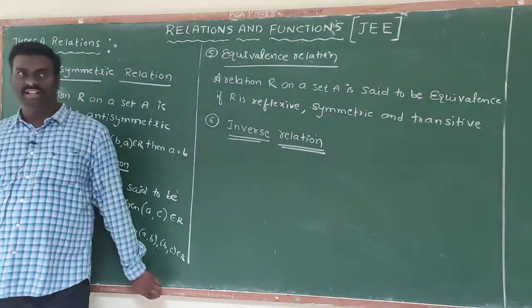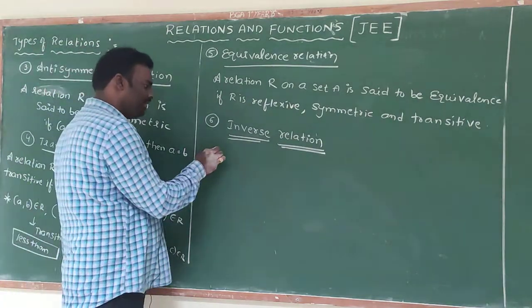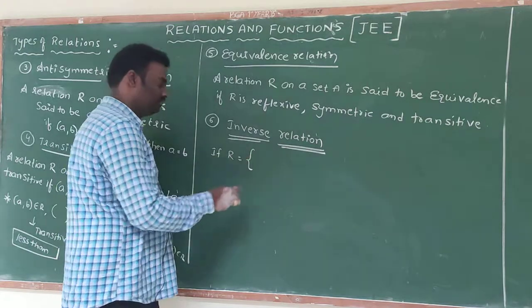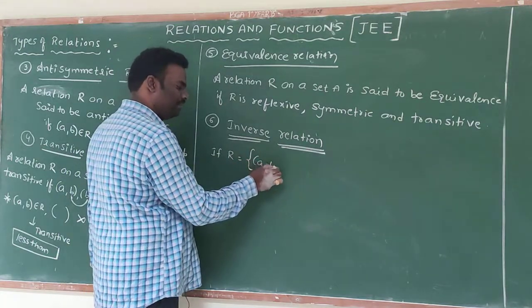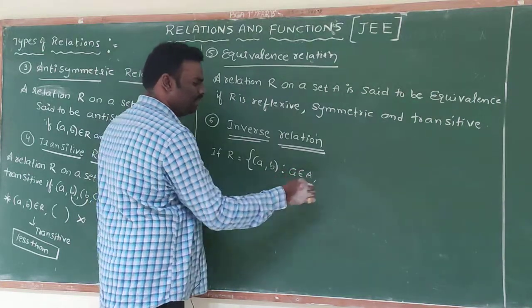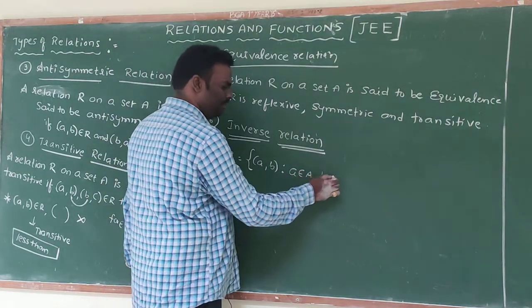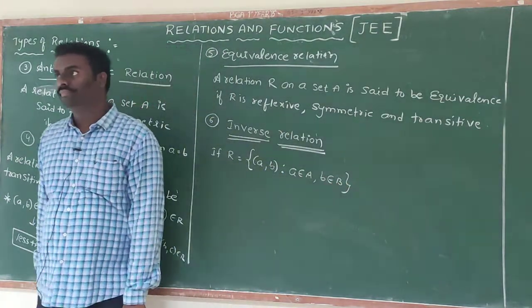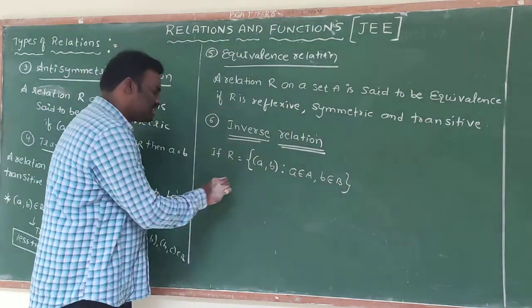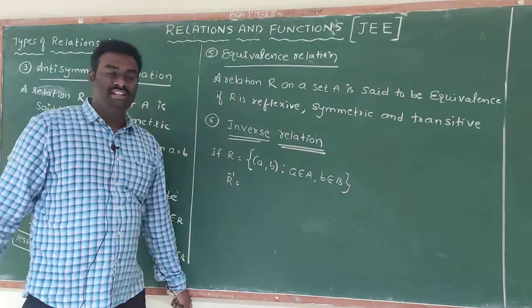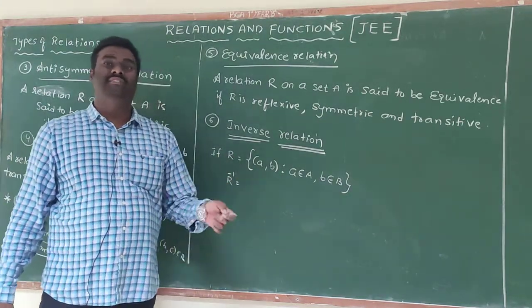Children, inverse relation means if R equals A comma B such that A belongs to capital A, B belongs to capital B, this is any relation. Then its inverse relation is denoted by R power minus 1. It is also called R inverse.